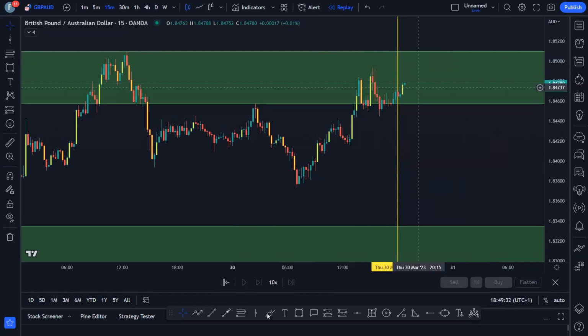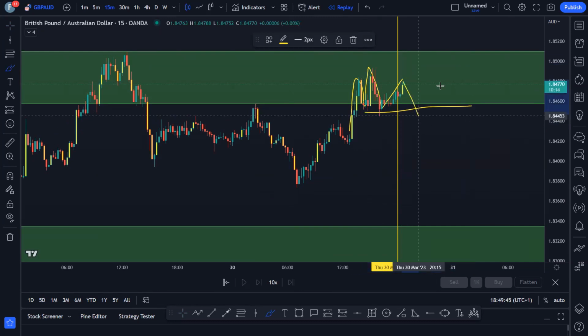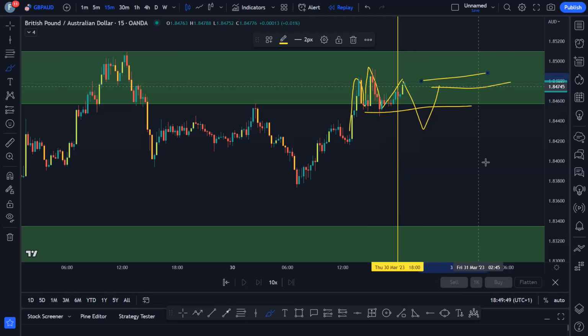So if this happens like so, you have the left shoulder, you have the head, you have the right shoulder, right? If price should possibly break out of this zone and then you see a retracement, you want to take your short for a sell.